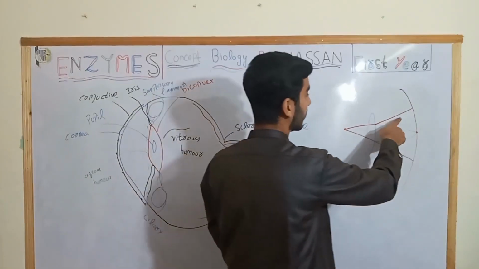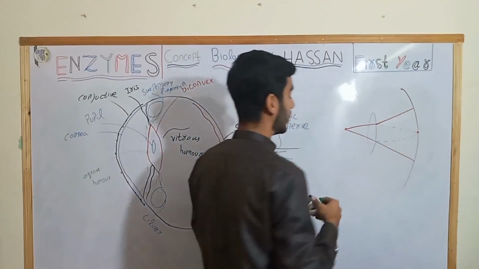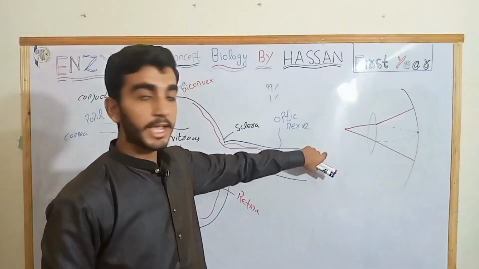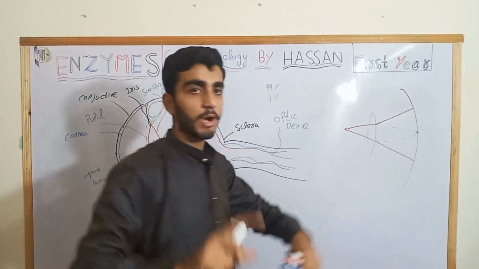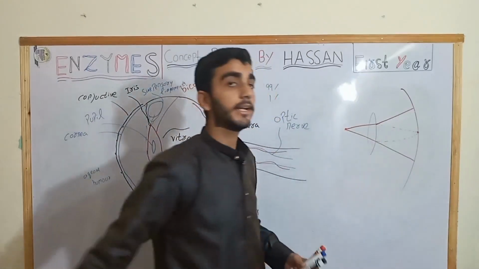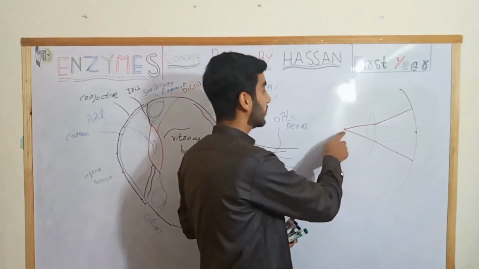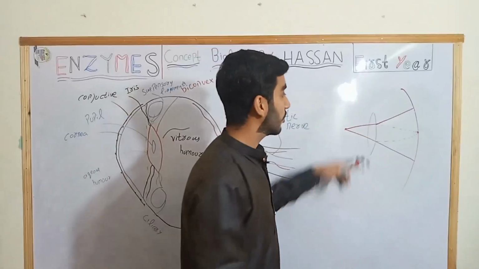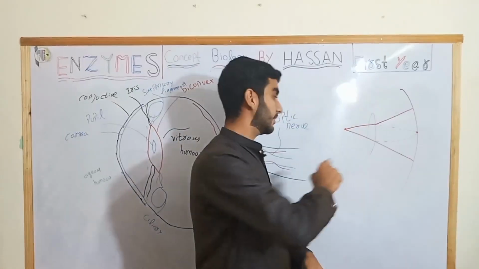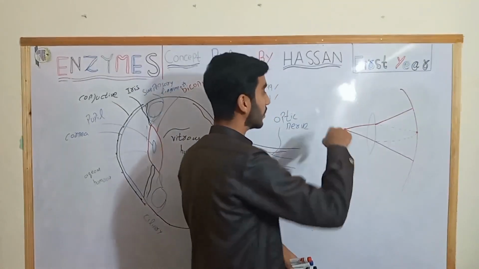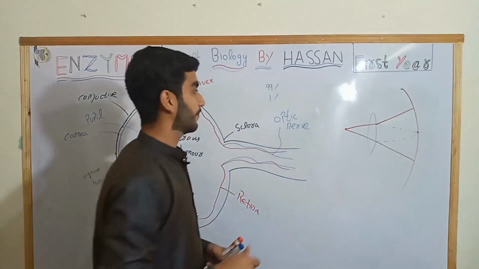The lens works very much to bend the light. So if the object is far away from our eye, a small amount of energy is required for the bending of light. If the object is near our eye, a huge amount of energy is required for the bending of light. This is a very important concept that you have to know.